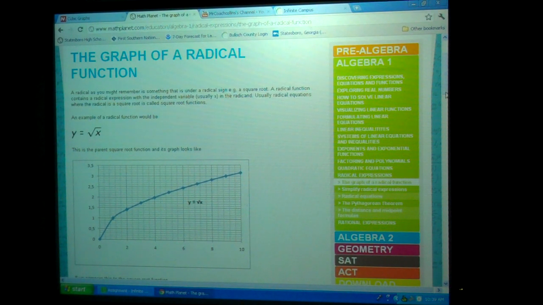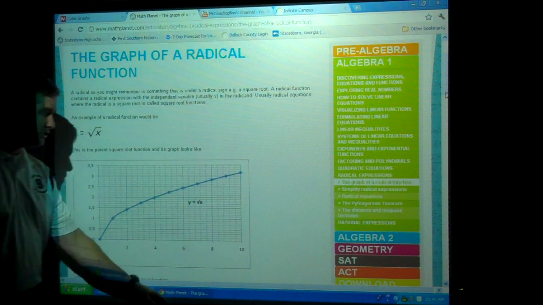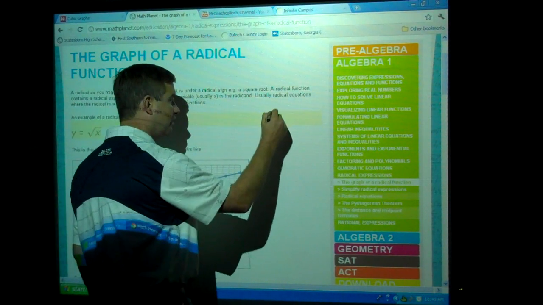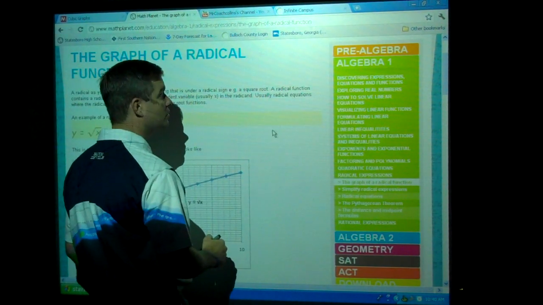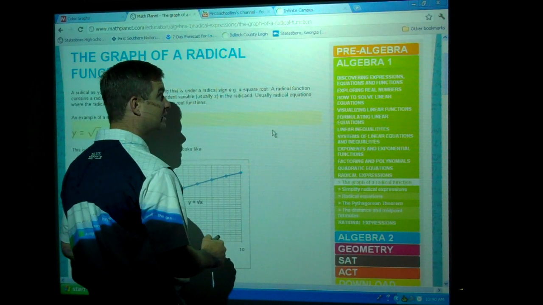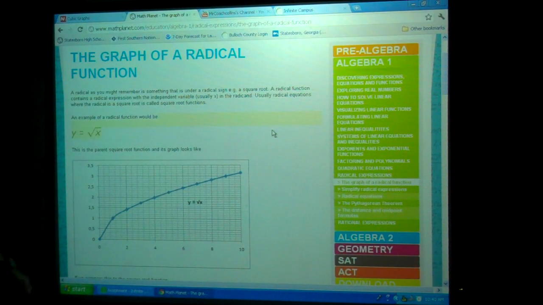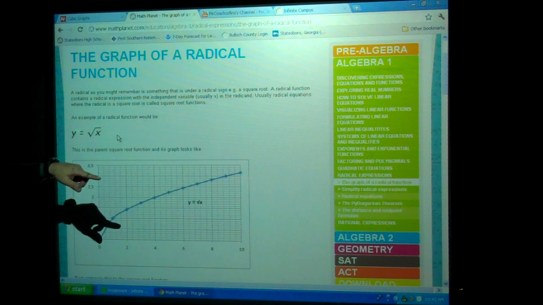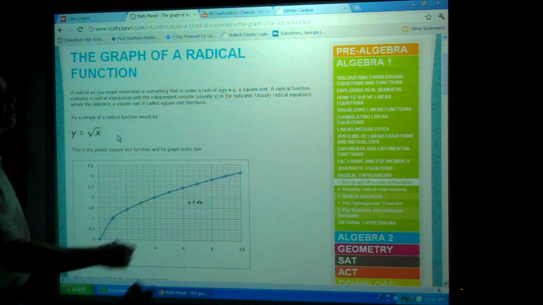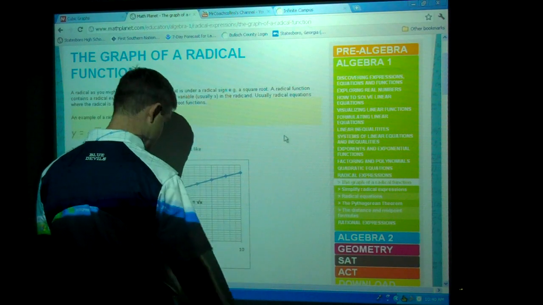Now, just like cubics and just like parabolas, when we start out with these, I always like to do a very basic... why isn't it coming up? Is it red over there, or is it green? It's green. It's red.